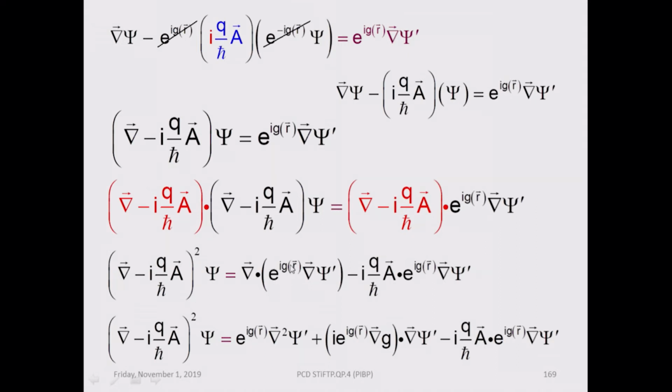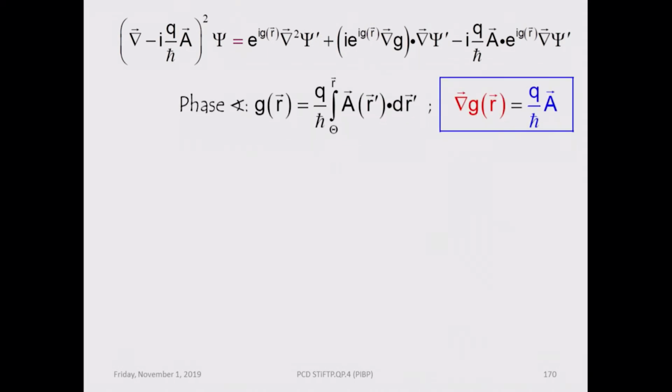So, it will be this times the Laplacian of psi prime plus the dot product of the gradient of e to the igr, which is this, with del psi prime. Okay? Got it? So, this is the divergence of this term in the bracket, consists of these two terms, one involving the Laplacian of psi prime and the other involving the gradient of g, but we know what they are.